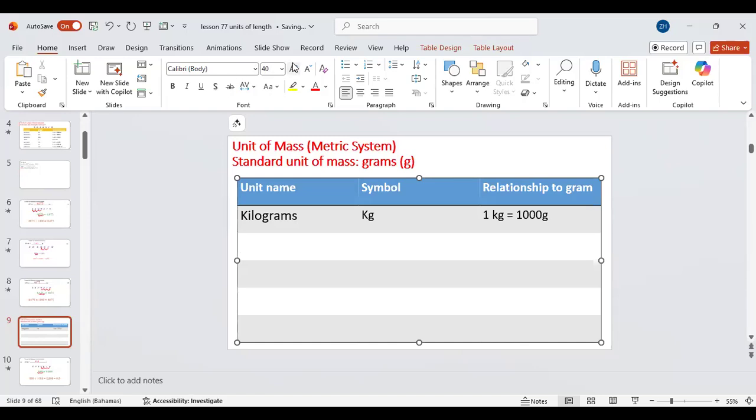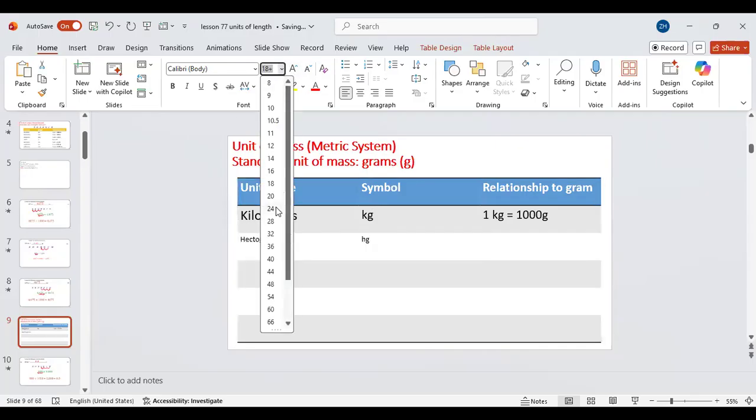Next we have, y'all gotta tell me. Hectogram, very good. The symbol for hectogram is hg. You're right, it is hg.